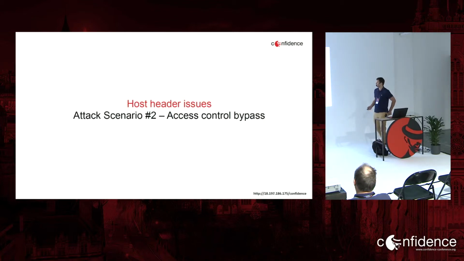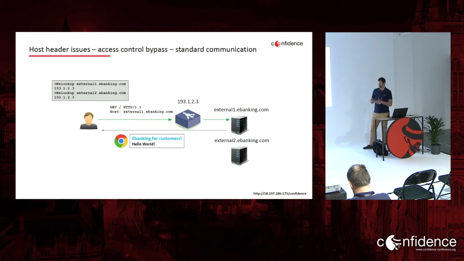Another example, also connected to the host header. This is not directly related to the web application itself. It's more like infrastructure. However, it's also quite a crucial one. So let's imagine a situation where we have two servers, which are, for example, behind some load balancer, or you can also consider that as two virtual servers on one physical host.